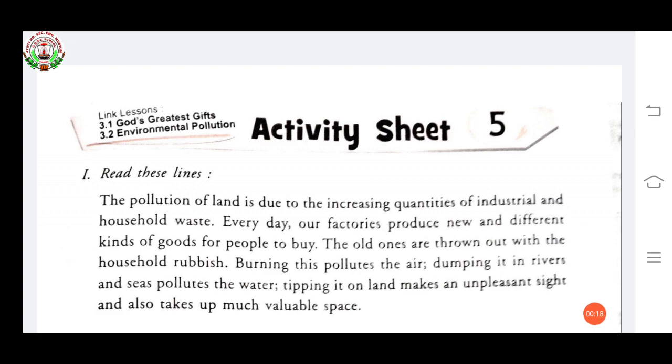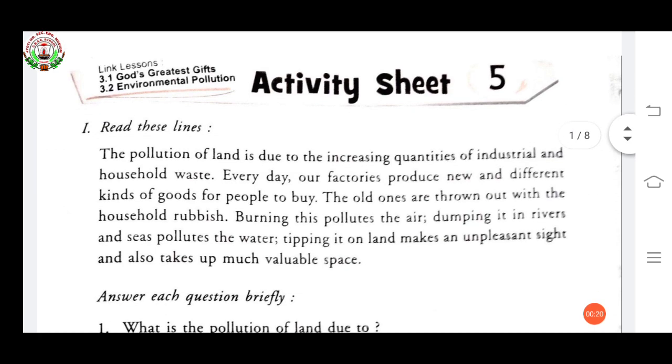So your first exercise is to read these lines. First we have to read these lines, and after that answer the following questions related to this paragraph. Now see, the pollution of land is due to the increasing quantities of industrial and household waste. Every day, our factories produce new and different kinds of goods for people to buy.